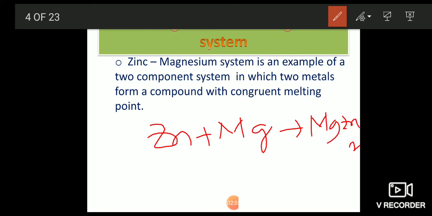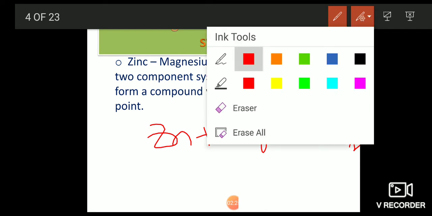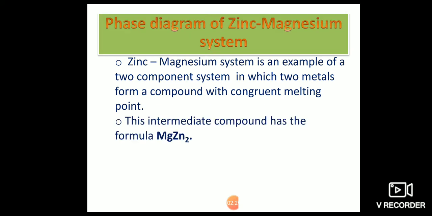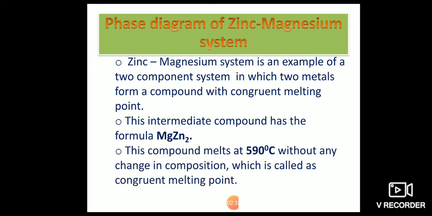MgZn2. So this is the difference between silver lead system and zinc magnesium system, where in silver lead system silver and lead do not react with each other, whereas in zinc magnesium system magnesium and zinc react with each other to form a new compound. That is, this intermediate compound has a formula MgZn2.